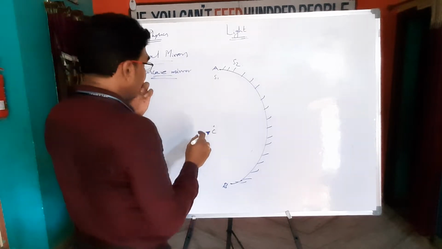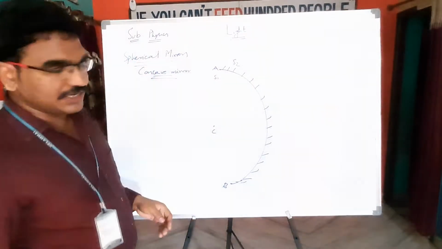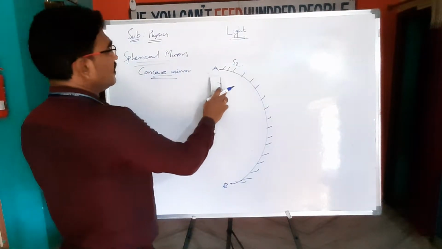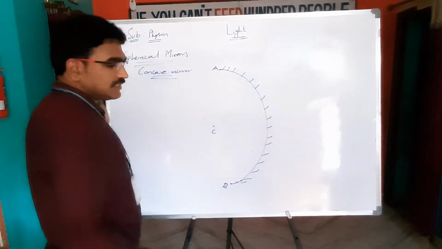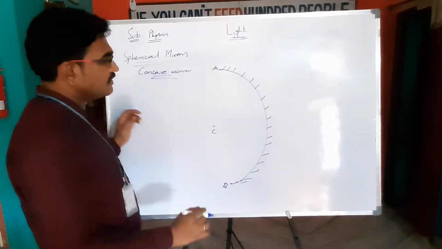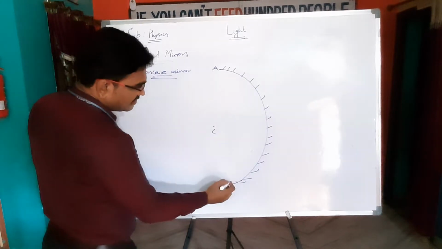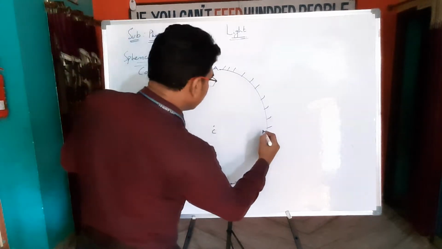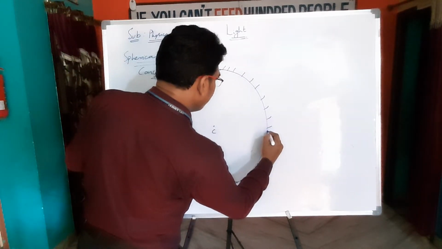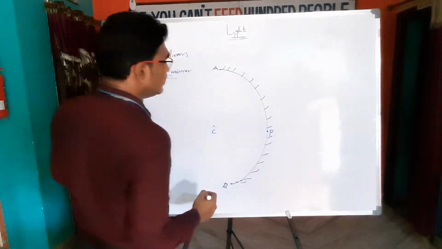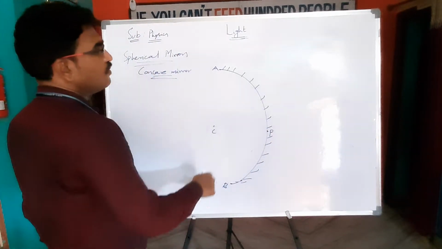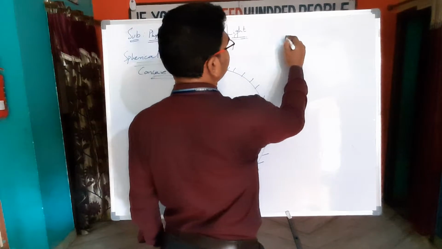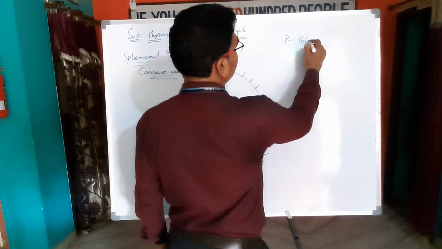This is concave because this side is like a cave, and as already we have discussed in the earlier lecture, AB is the spherical mirror and the midpoint, the geometric center of AB, I am taking as a pole. So P is for pole.